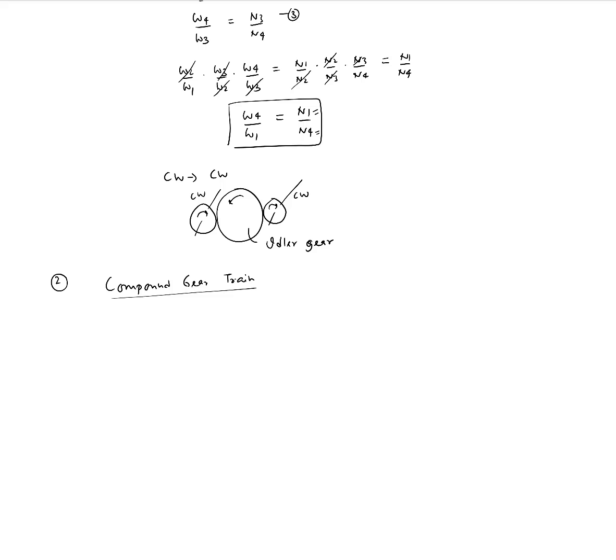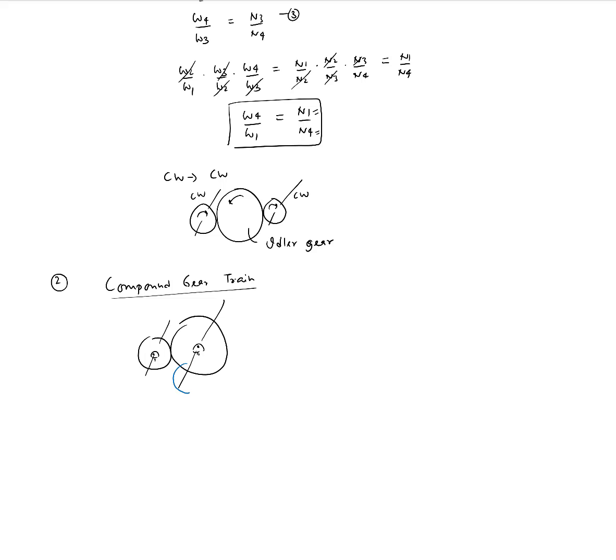So the compound gear train, basically the idea is that you have one input, let's say over here, that's your input, and then you have a gear which meshes with it. On the same shaft, let me draw this like this, you have another gear. Let me draw this in a different color.